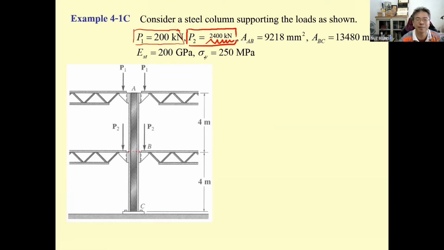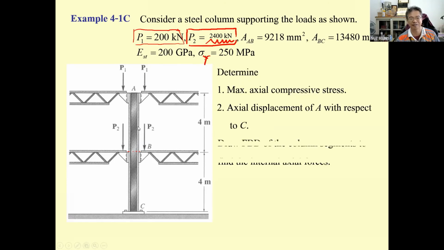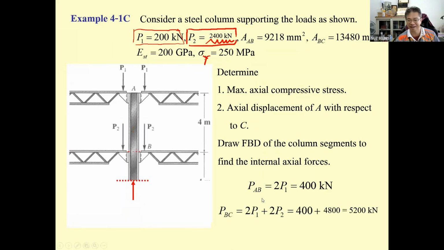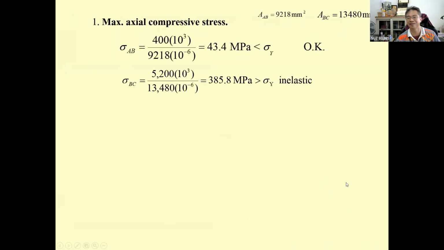Based upon the same problem that we have now, the internal force on the column AB is going to be the same, 400 kilonewton. But the column on the first floor, or the P sub BC, is going to be very large, 5,200 kilonewton. And then when you compute the stress, this one is going to be elastic, but this one is going to be inelastic.